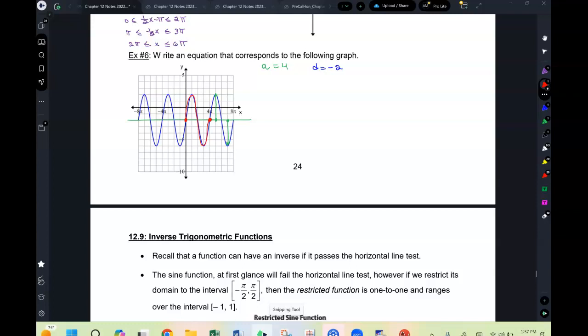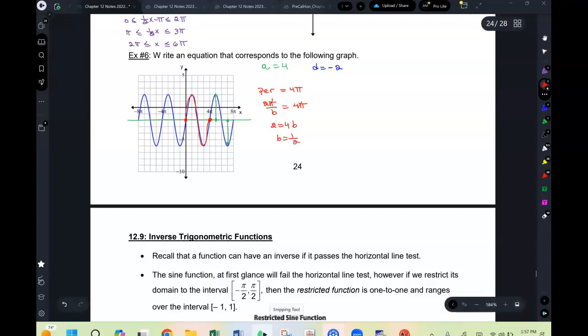One cycle goes through a length of how many pi? 4 pi. So the period is equal to 4 pi. But remember, the period is 2 pi over b, and that's equal to 4 pi. Knowing the period doesn't help you in the equation. You need the value of b. So the pi's go away, and 2 is equal to 4b, so b is equal to 1/2.